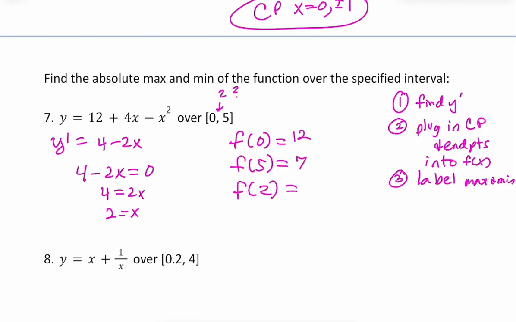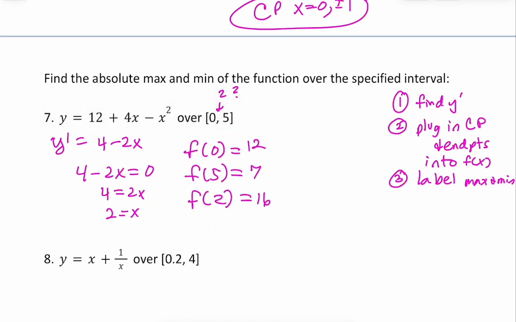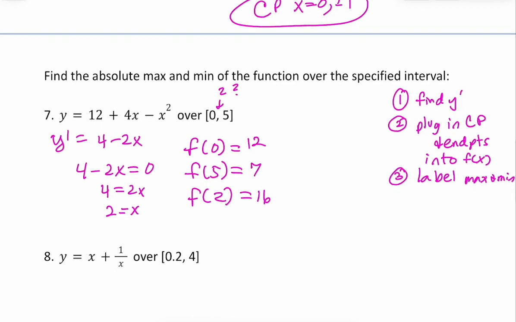And then I plugged in 2 and I got 16. So I'm just plugging those into the original function, because I need to know what's the biggest, what's the smallest. And then I'm going to label the biggest as the maximum, and the smallest as the minimum. That's it. So those ones are nice. Those ones are pretty darn good.